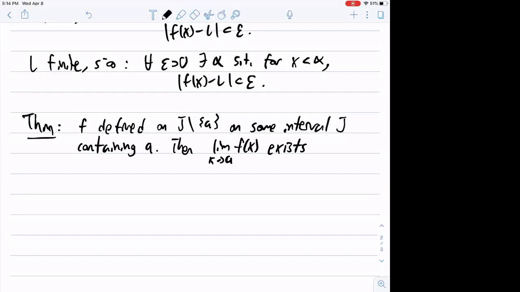Your testing value is getting closer and closer to the point, so it doesn't matter if f is not defined at the point A, right?